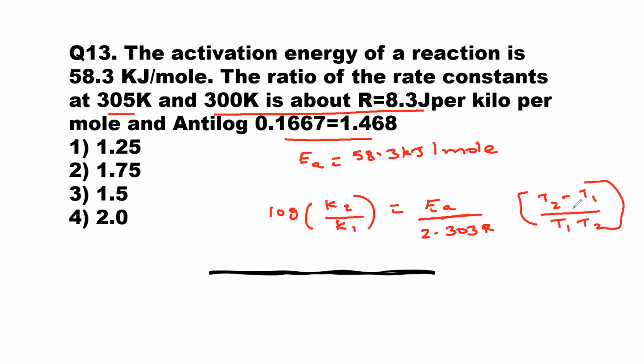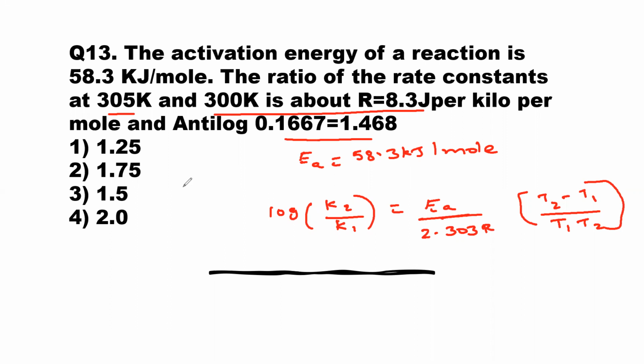Since they have already given temperature in kelvins, you can write it. So the ratio of rate constant, finally you'll get the answer in log. To convert it, we have to take the anti-log. So definitely the answer should be around 1.4678. They have given the log values. So this is the answer for question number 13.